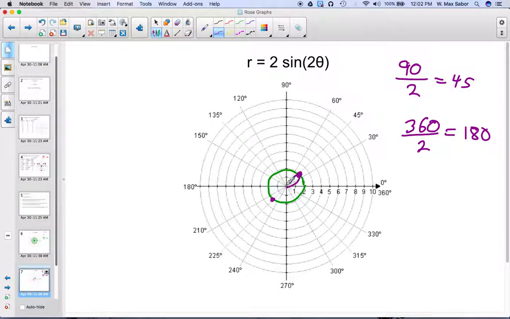Sorry, we're going to place 4 petals, so they're 90 apart because n is even. So now we have 4 petals. That's our rose curve.